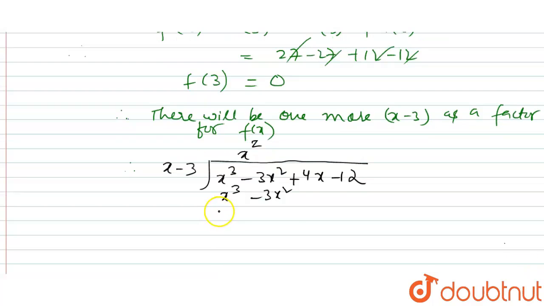Now when we have plus minus, it will get cancelled. We get 4x minus 12, we get 4.